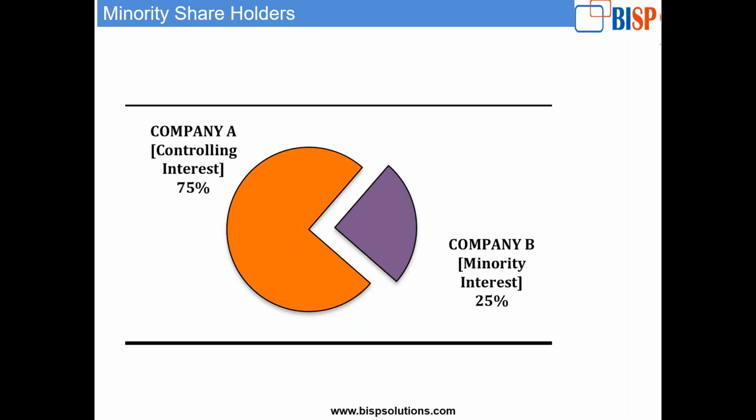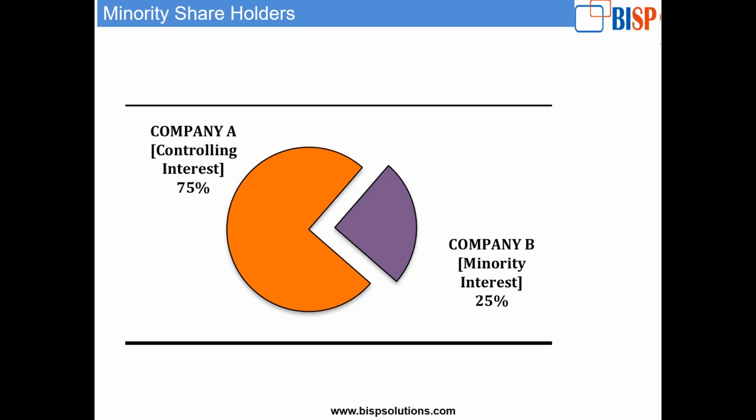So in this case, company A will be the parent company of company C, and company B has taken ownership of 25% in company C. But since company B has taken ownership of only 25%, company B will have the minority interest, which you may also call a non-controlling interest.